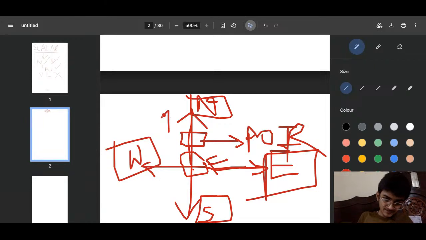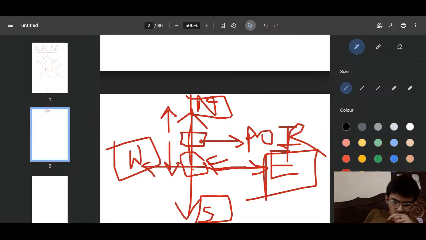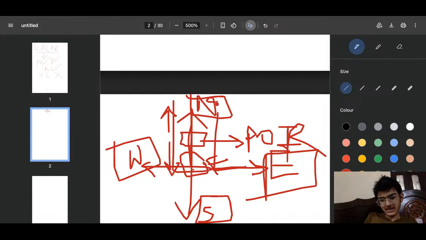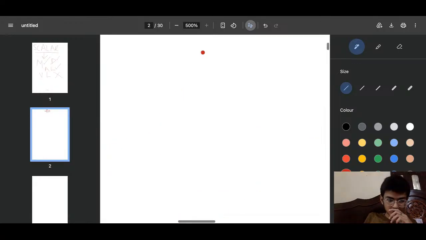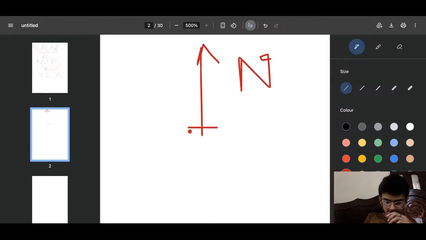This direction is north, this one is south, up to infinity. So what you were calling north, this particular region, you are calling north when this is the point of reference.